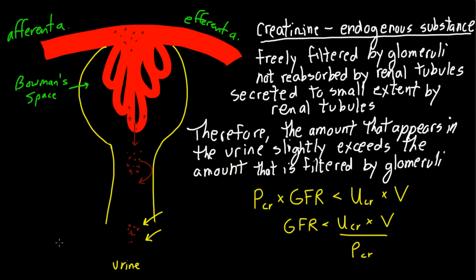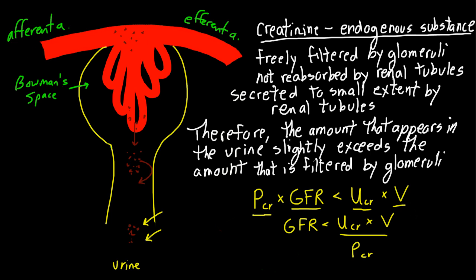The amount of creatinine that's filtered by the glomeruli will be given by the product of the concentration of creatinine in the plasma and the glomerular filtration rate. The amount of creatinine that appears in the urine equals the product of the concentration of creatinine in the urine and the urine volume per unit time.